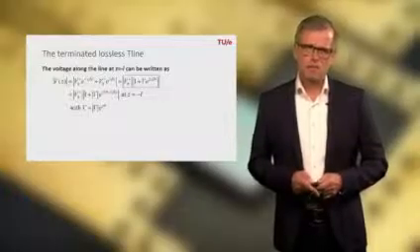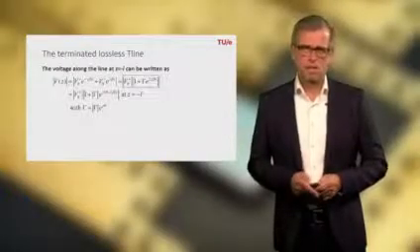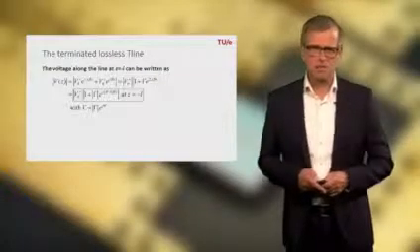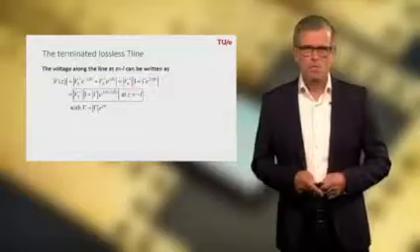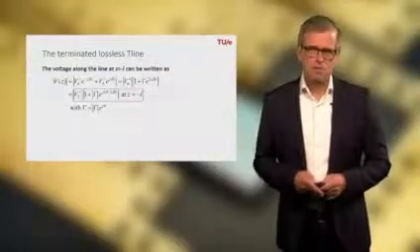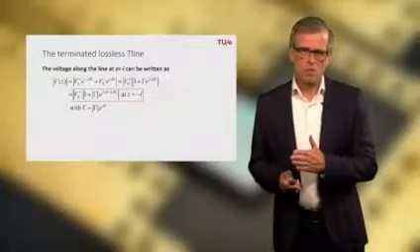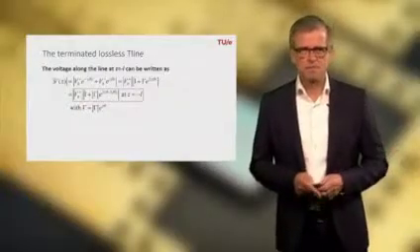If we substitute Z is minus L, at the location minus L, we find that the voltage can be written in this form, which means that the absolute value of the voltage has a minimum and a maximum if we walk along the transmission line.